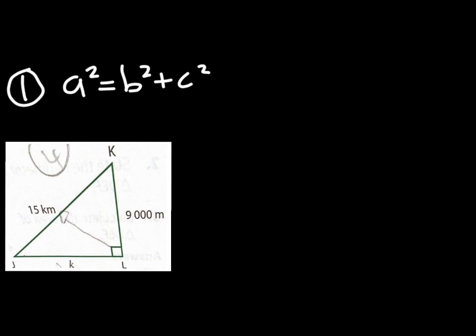So we need to change this formula around so that we can find our missing side. If we let this be A, this be B, and this be C, we can change our formula around to let B be the subject of the formula. So we will get b squared equals a squared minus c squared.